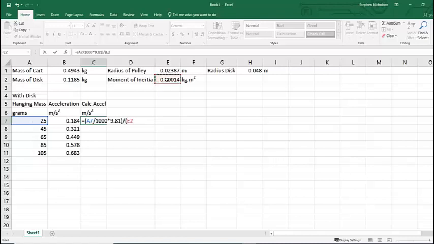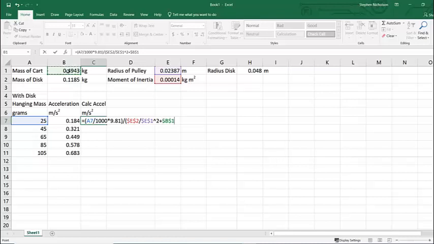Now we don't want that to increment, so we're going to push F4. We're going to divide that by the radius of the pulley. Push F4 and then square it. So that's I divided by radius of the pulley squared plus M1, which is the mass of the cart. So that's B1.